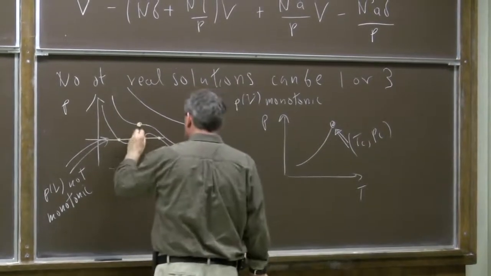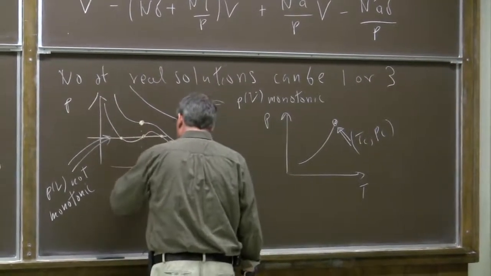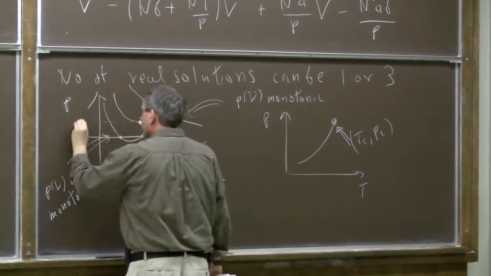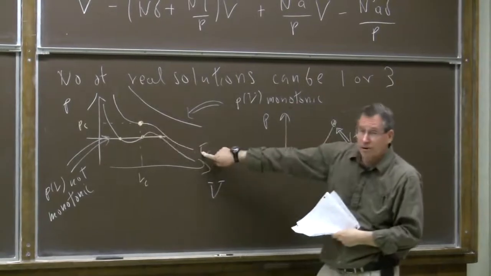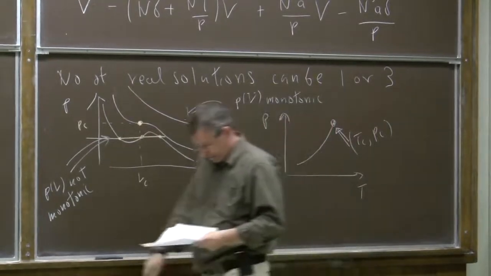And this is actually going to be the critical volume and critical pressure, this point of inflection along the critical isotherm. Okay.